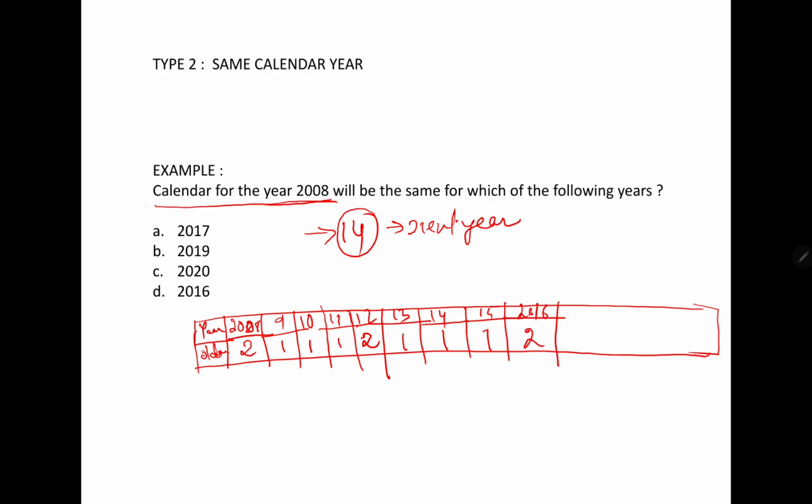Then let us count: 2 plus 1 is 3, 4, 5, 6, 7, 8, 9, 10, 11, 12. So 12. We have to keep counting.